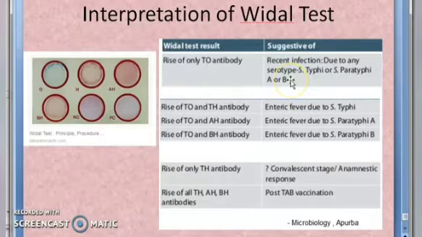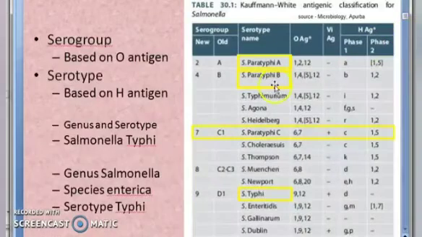That is because I think they are using O12. If you have seen, this O12 is present in all the 3. Do you remember that table? In this, if you can see, in A, B and Typhi, 12 is common. Right?